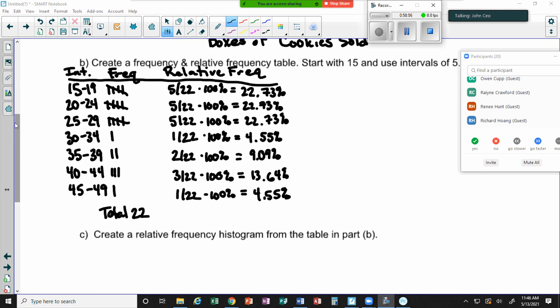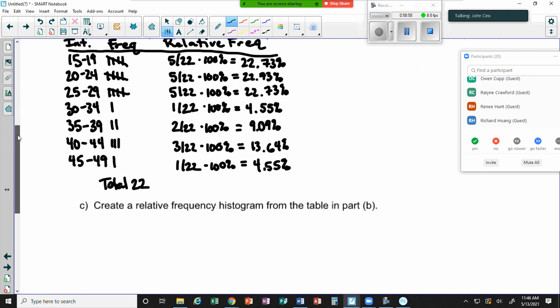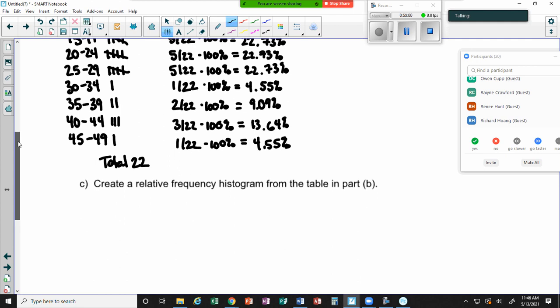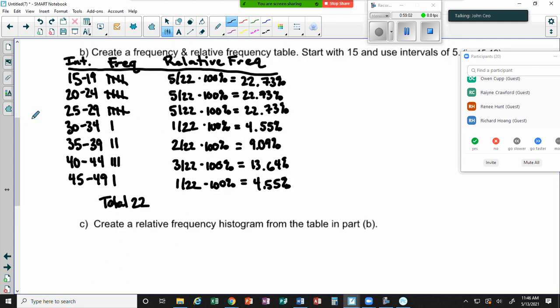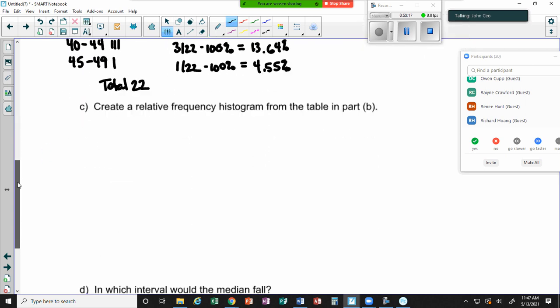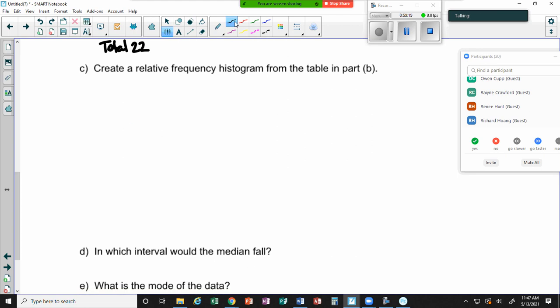Okay, this is a relative, so you're going to put the percentage on the vertical. So how many intervals do I need? I'm going to need 1, 2, 3, 4, 5, 6, 7 intervals, from 15 all the way up to 49.